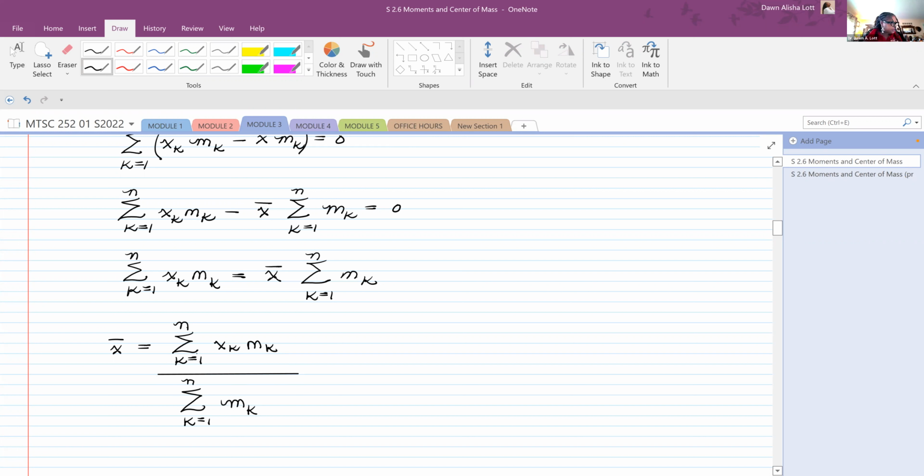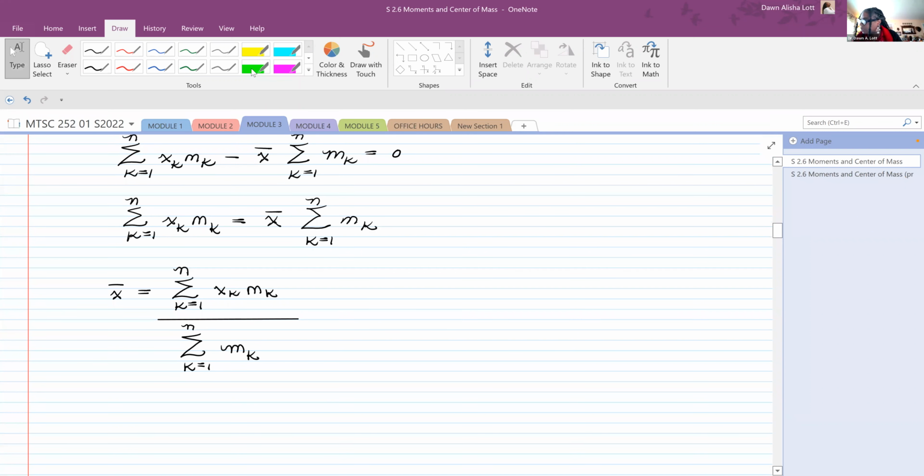Now you can see that the denominator is just the system mass. It's the sum of the masses.